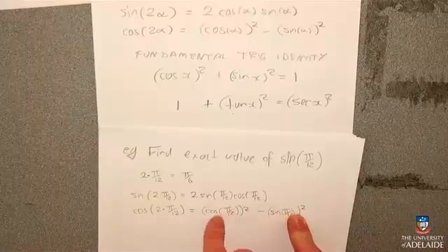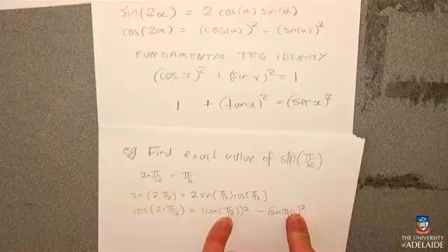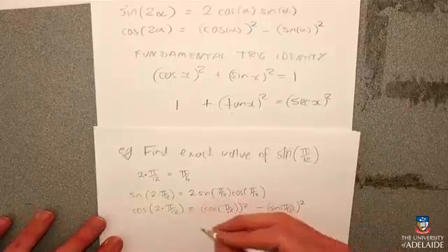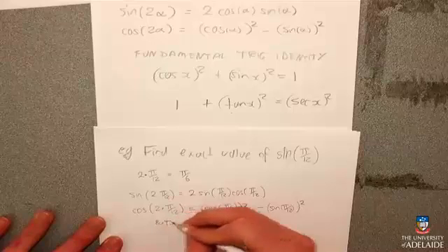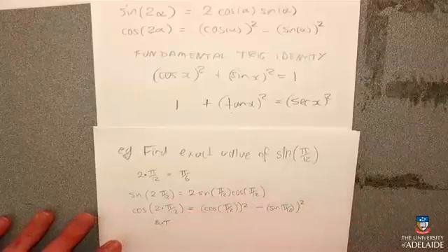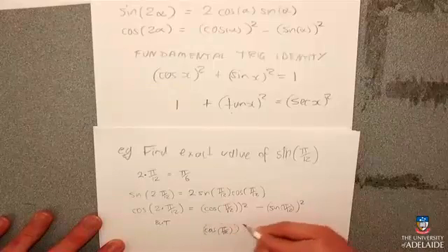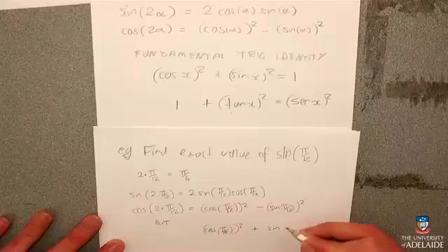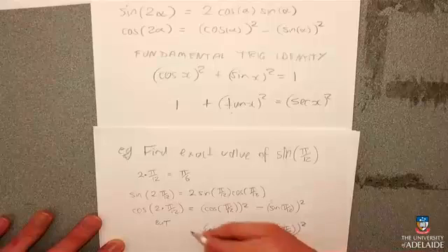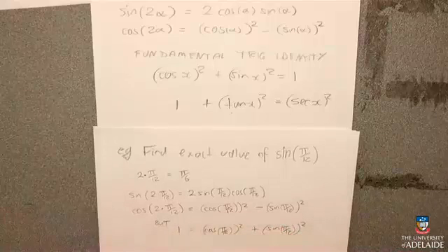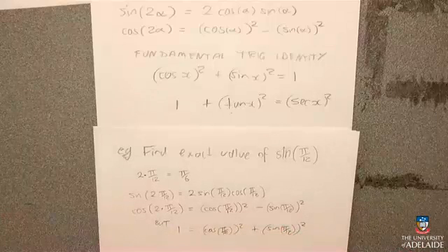I know that cos of anything squared is related to sine of anything squared. I know that cos squared plus sine squared is 1. I know that as well.